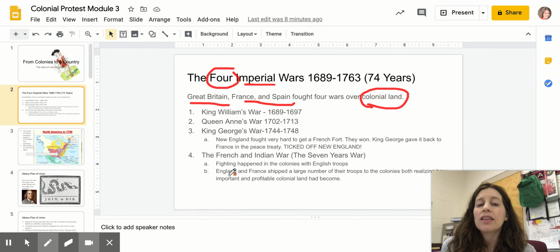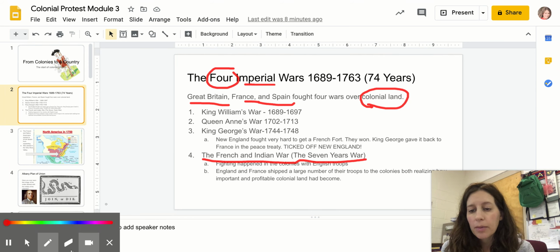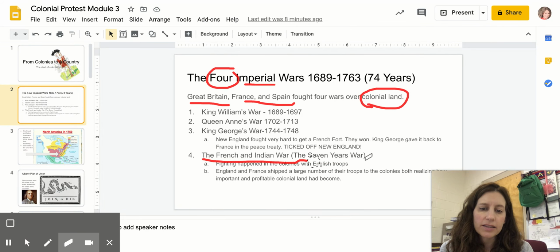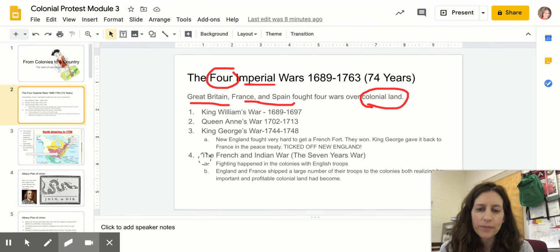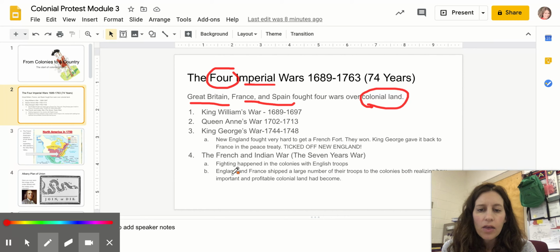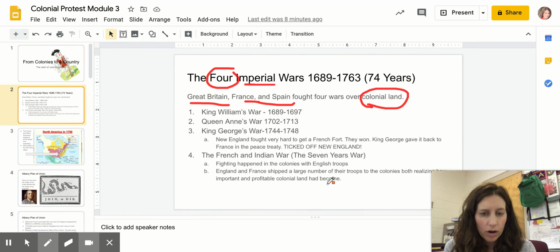And then enter the last of the four imperial wars, the French and Indian War. This is also called the 7 Years' War in Europe, but the part of what happens in the colonies is called the French and Indian War. Because this war happens in two locations, it cost a lot of money.